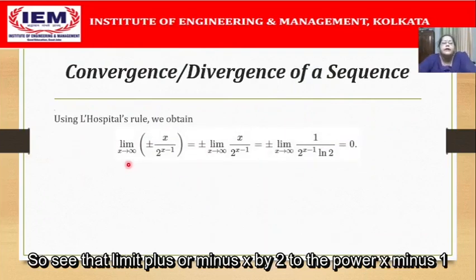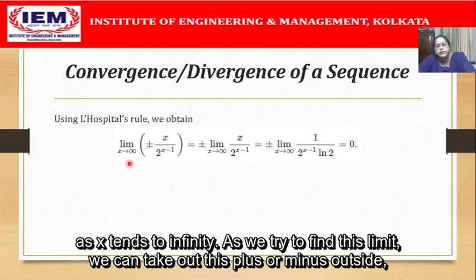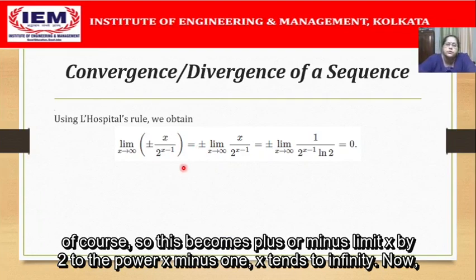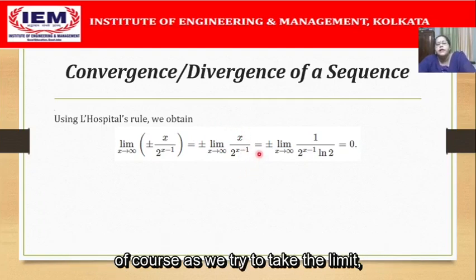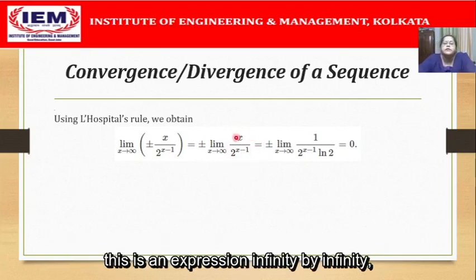So, see the limit of ± x/2^(x-1) as x tends to infinity. As we try to find this limit, we can take the plus or minus outside, of course. So this becomes ± the limit of x/2^(x-1) as x tends to infinity. Now, as we try to take the limit, this is an expression of the form infinity by infinity.